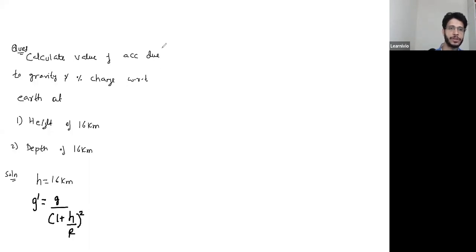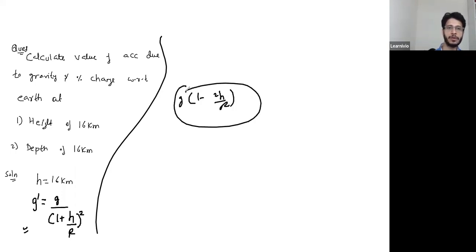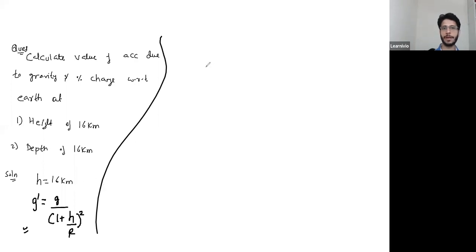Just keep on substituting the values. Is it clear why I'm using this expression, not this one? This expression is valid only if height is very, very less than the radius of Earth. But height is 16 kilometers. It's not very less. The radius of Earth is 6,400 kilometers, so it's somewhat comparable to the radius of Earth. So I cannot use this expression, 1 minus 2h by r.